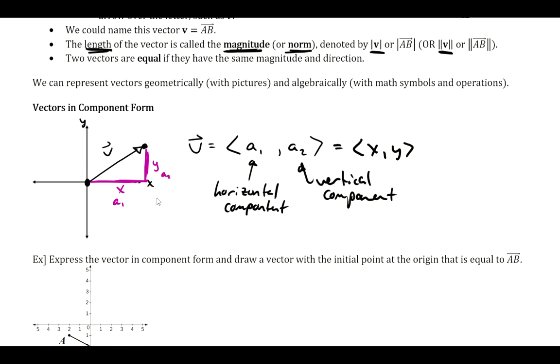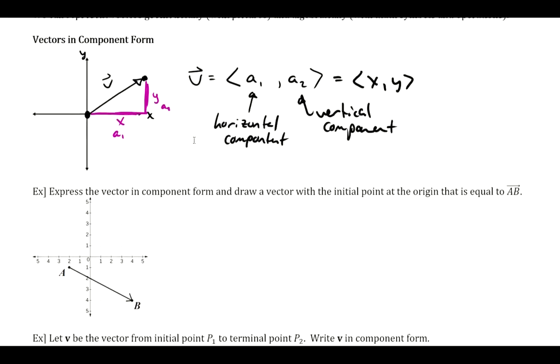The reason I use A1 and A2 is that as you progress in math, there may be more than just left, right, up, down. There might be more directions, like 3D, and often they'll use subscripts. But either way, maybe x, y is better for you. It doesn't matter, as long as we know the first one is the horizontal component and the second one is the vertical component.